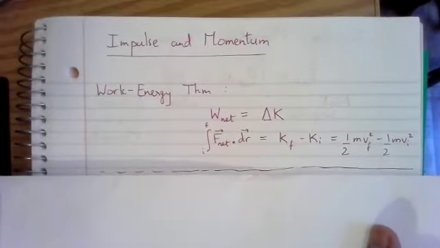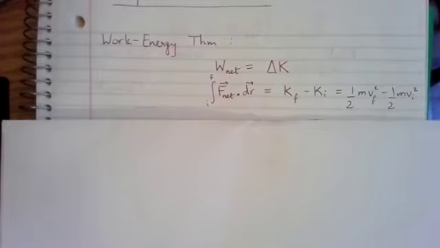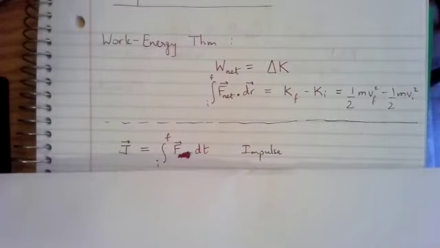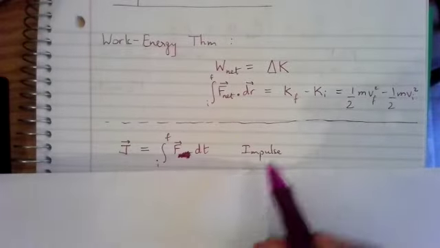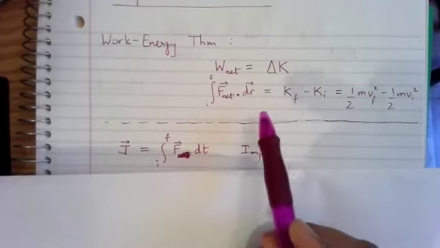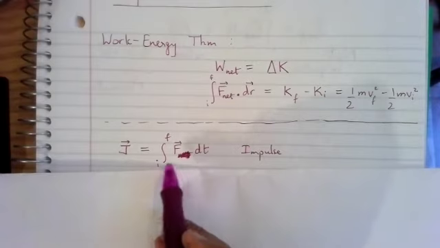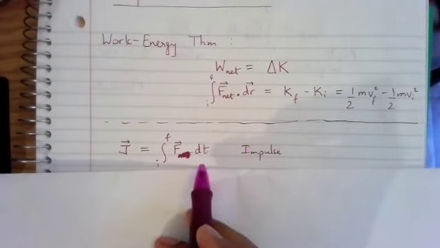So to look at this, we will introduce a new quantity called impulse. Just like work was the integral of force with respect to position, impulse is the integral of force with respect to time.